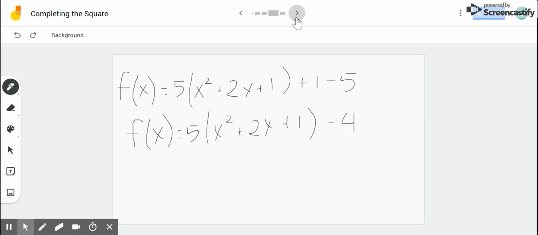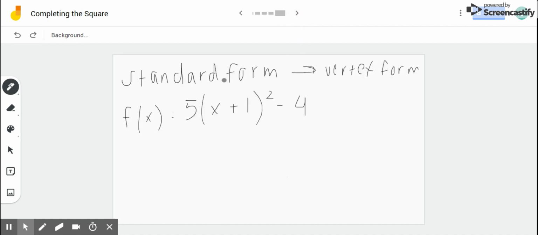And how we do that is technically doing the reverse. So from changing from standard form to vertex form, it would be f of x is 5 times the quantity x plus 1 squared minus 4. This right here is your answer, and you have now completed the square.